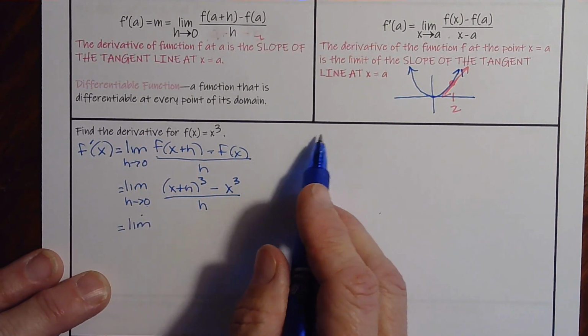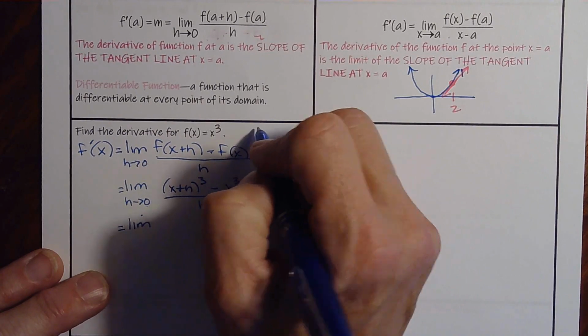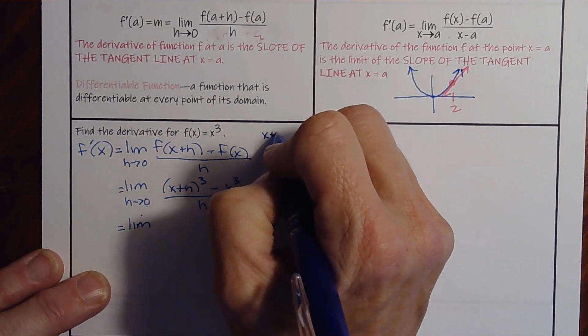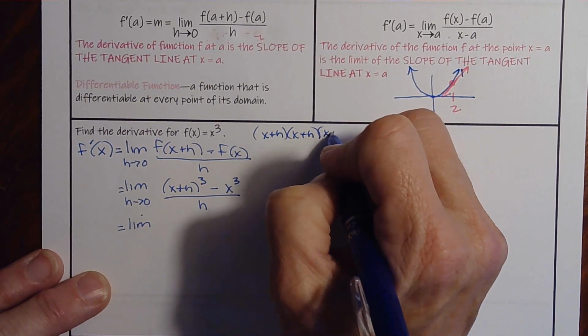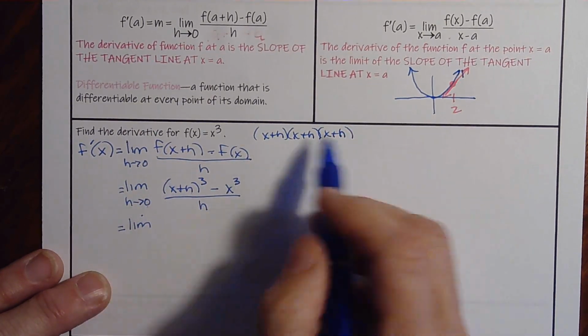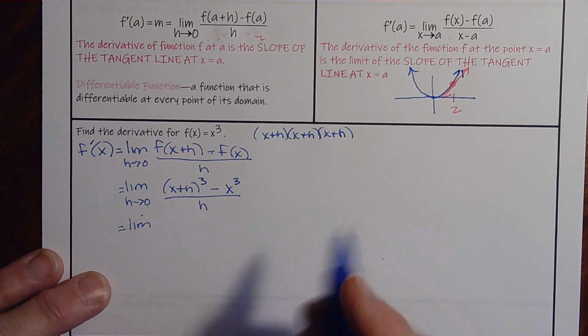If you need to go to the side and write it out 3 times, x plus h times x plus h times x plus h, and then multiply it all out, that's fine.